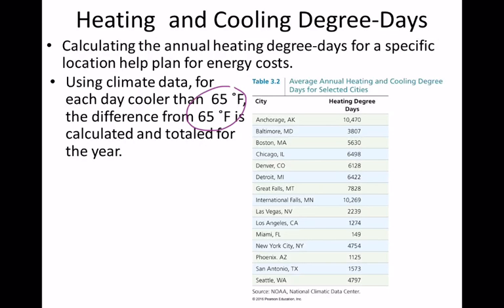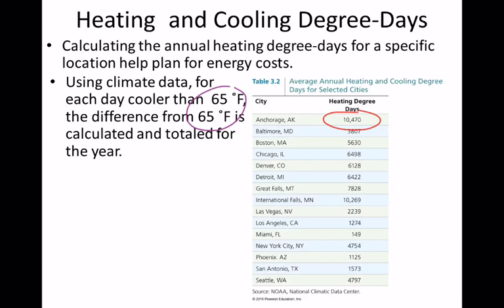So, in other words, up here, not so surprising, in Alaska, with regard to turning on their heater, they have 10,470 heating degree days. Okay, I know it seems like that can't be. There's only 365 days in a year, but it's for each day.